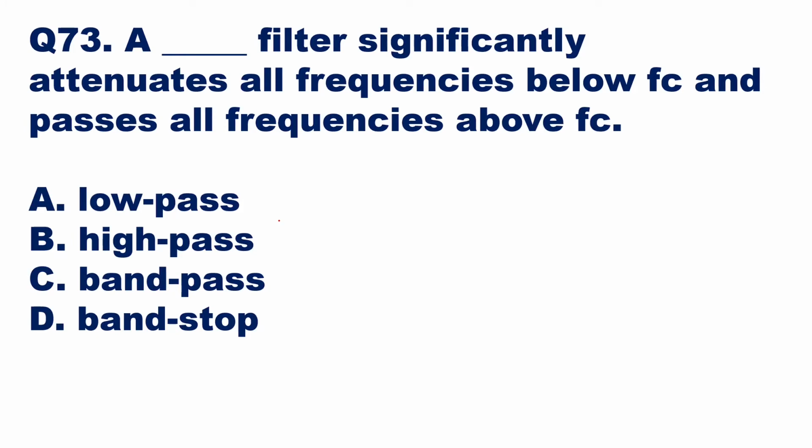A dash filter significantly attenuates all frequencies below FC and passes all frequencies above FC. So it is going to stop all frequencies below FC. If you draw the response, this is gain versus frequency, and here is the cutoff frequency FC.